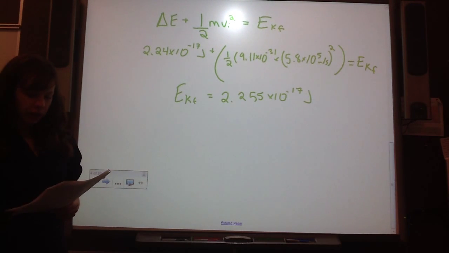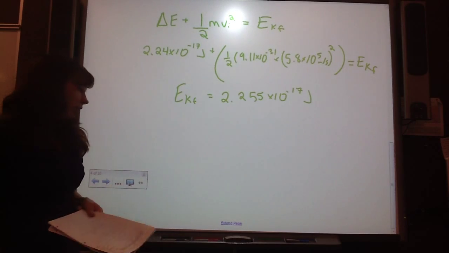You should get 2.25 times 10 to the negative 17.